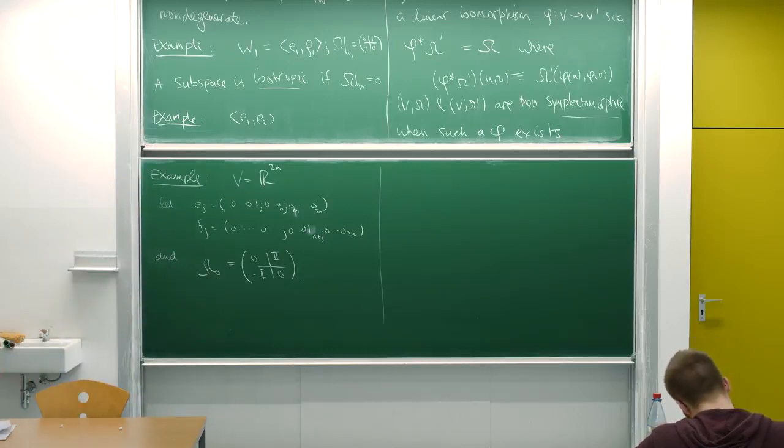it's kind of interesting to wonder, what does a symplectomorphism from V to V look like in matrix form?